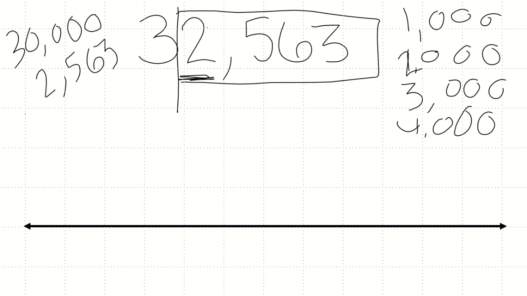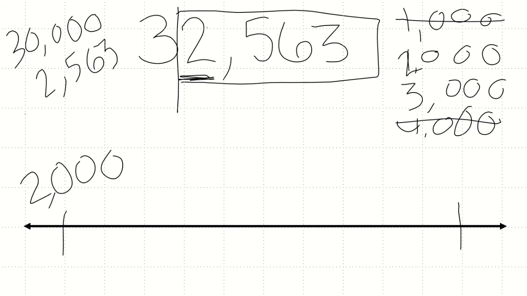Well, I know that I've already made it to 2,000, so 1,000 is not an option. 2,563 is more than 2,000, and I still hear the 2,000 in it, so I know that that's going to be my starting point. And then over here, I know that I'm not at 4,000. 3,000 comes before that, so I don't need that one. So between 2,000 and 3,000 is the number that we will be rounding to today.